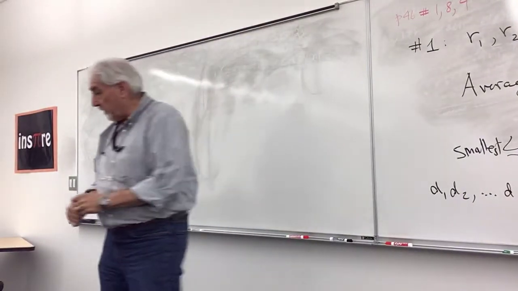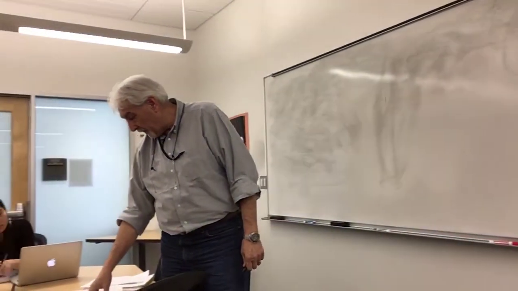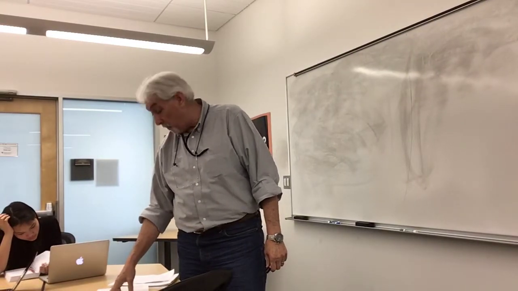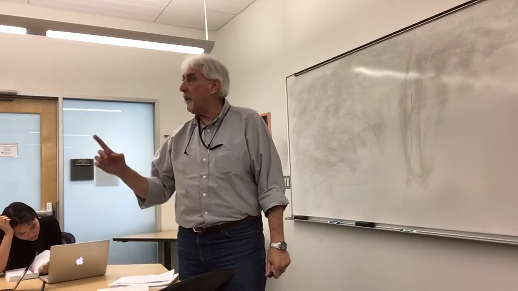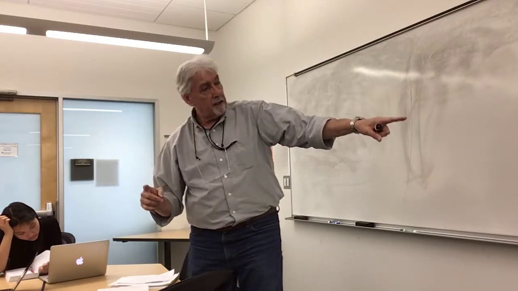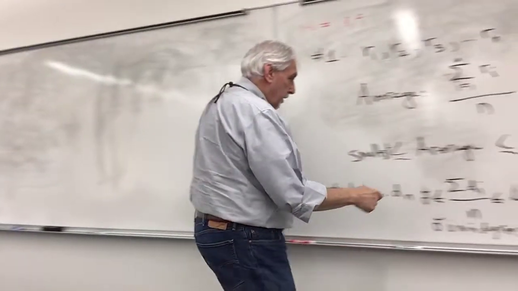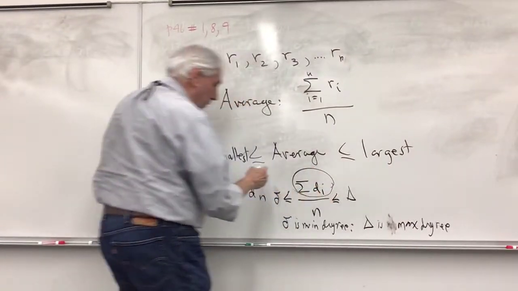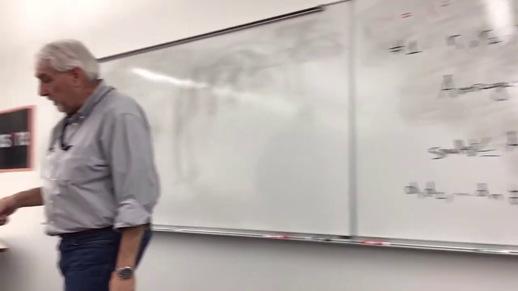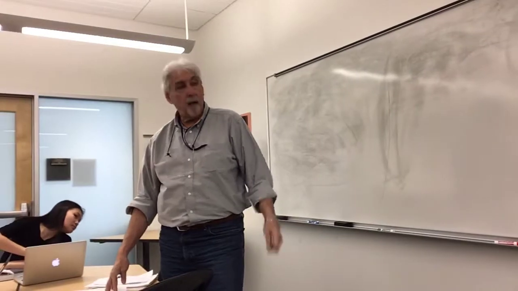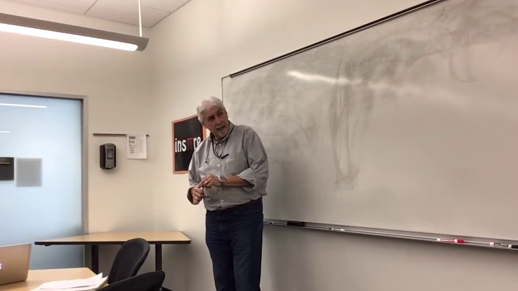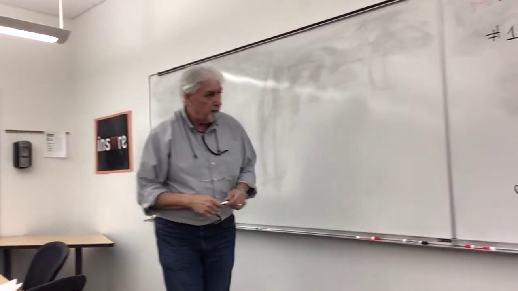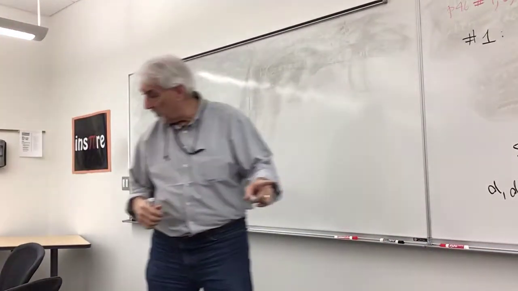Okay, and that's what they're asking here in problem number 1. Let G be an NM graph. Show that the smallest degree. Oh, wait a second, that problem doesn't have that. Our problem has 2m. I've got an nm graph, n vertices, m edges, right?